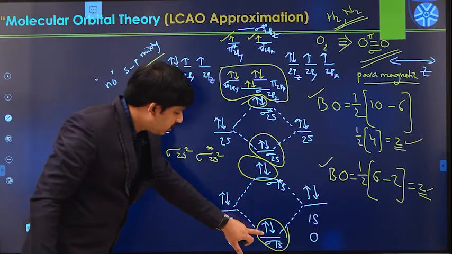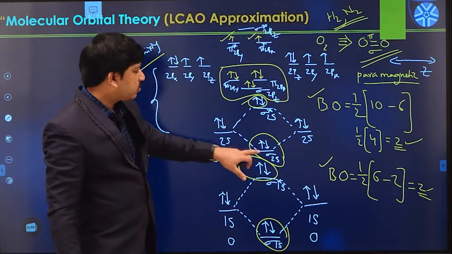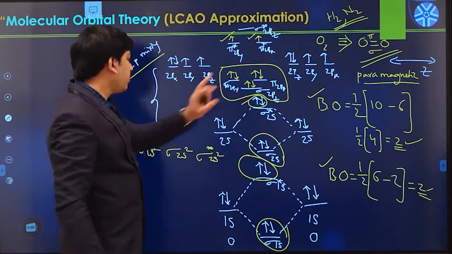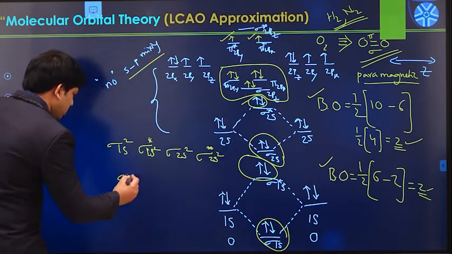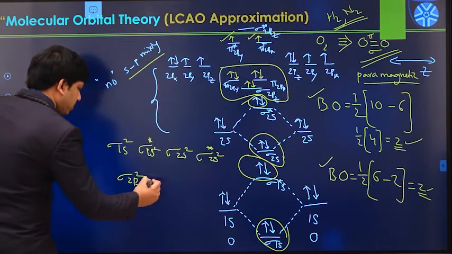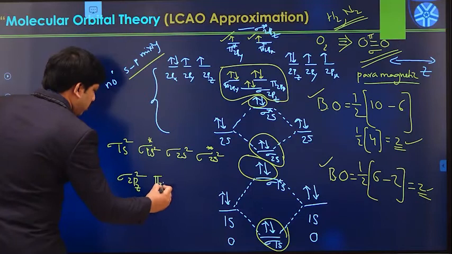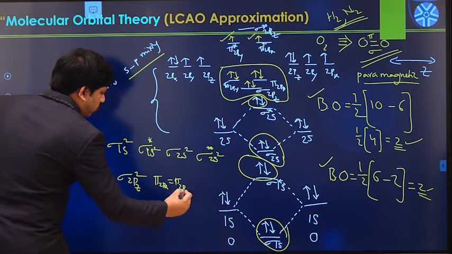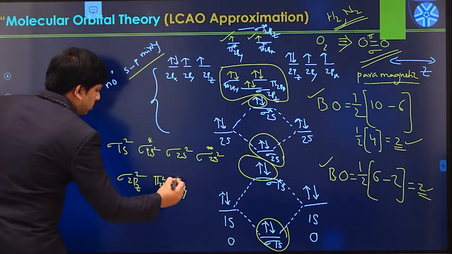Sigma 1s2, sigma star 1s2, sigma 2s2, sigma star 2s2. Then we have sigma 2pz2, then pi 2px equal to pi 2py, both containing 2 electrons.